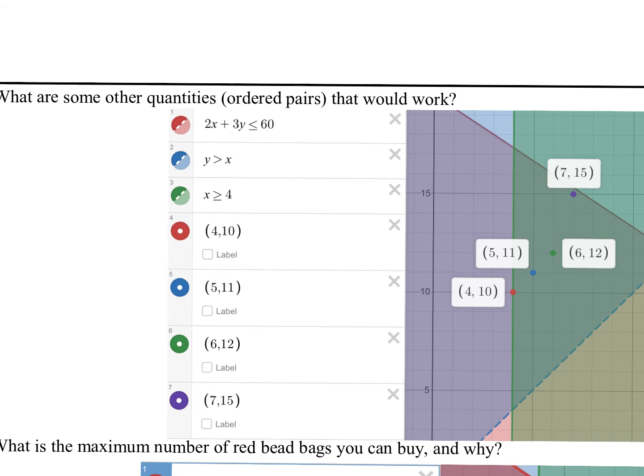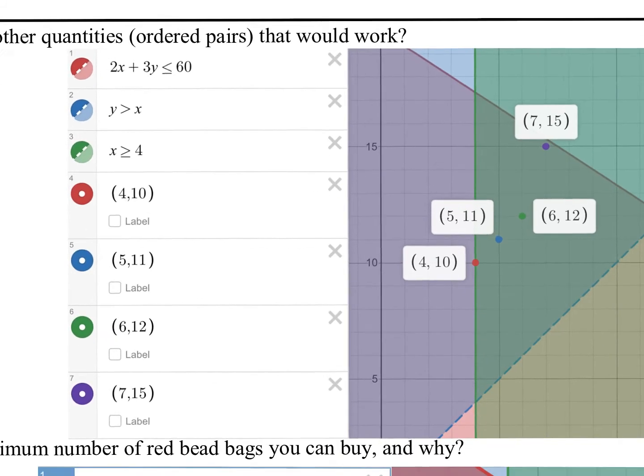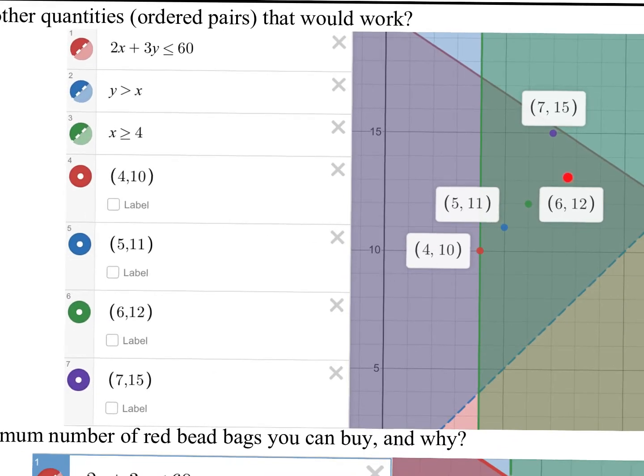My next question says, what are some other quantities or ordered pairs that would work? There's nothing really to that one other than I just plugged in some points, and because I have the benefit of the graph and Desmos can plot individual points, you can just plug in to see what works. There are many different answers, this point, this point, this point, this point, right?